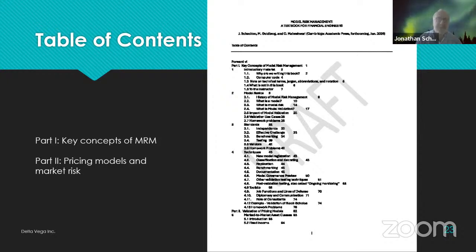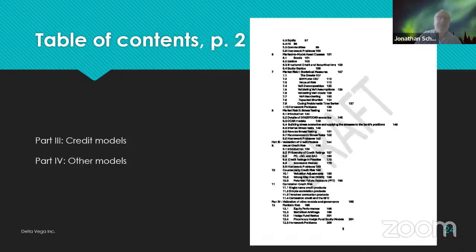Like, what is the risk rating of a model? What does replication mean for a model? And it finishes, as you may be able to see here, with a section on validating the Black-Scholes-Merton model, as a good example, volatility, implied vol, and so on.